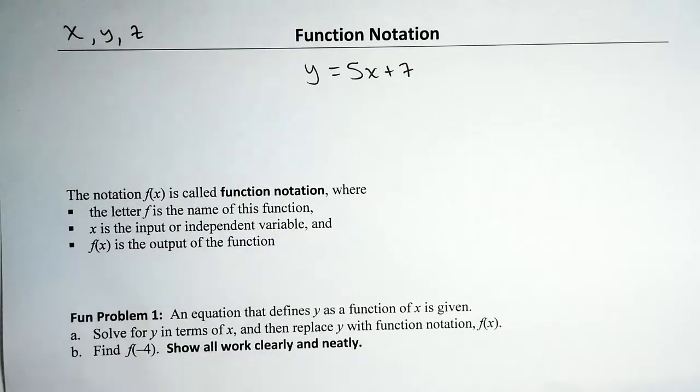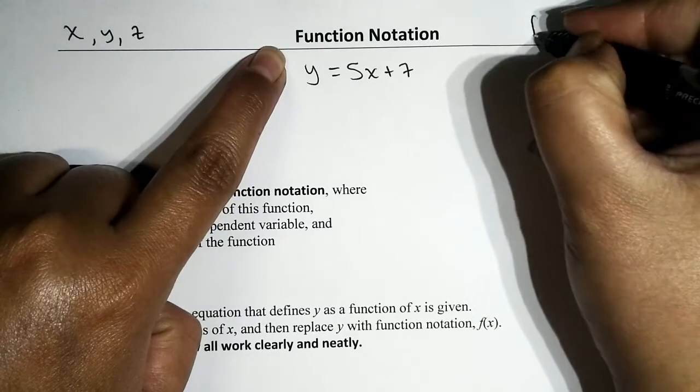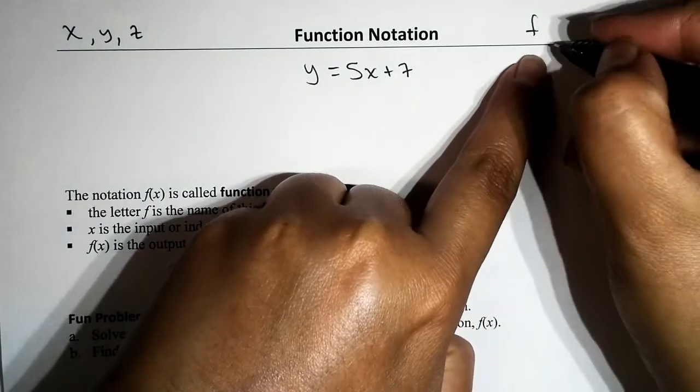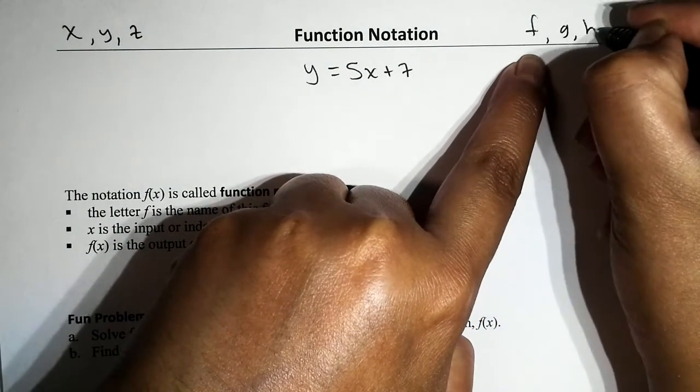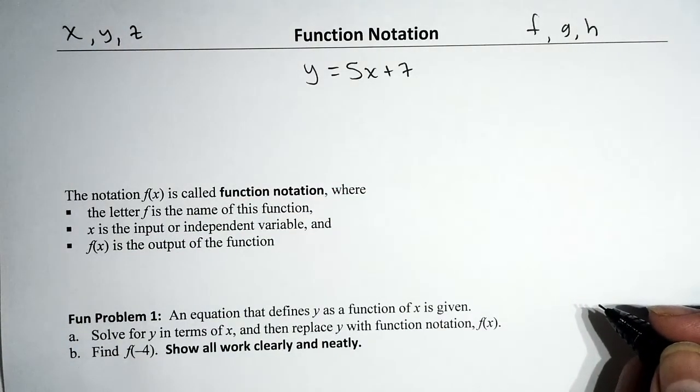When it comes to function notation, you can use any letter to name the function, but the most popular letter used is actually f, followed by g, followed by h. But if you want to call it function A, go for it. Okay, so let's do this.